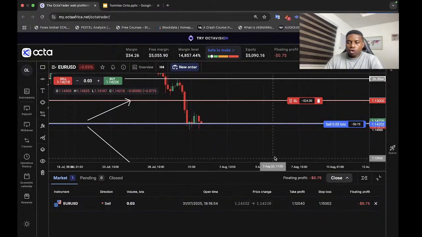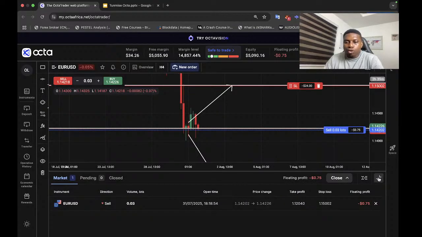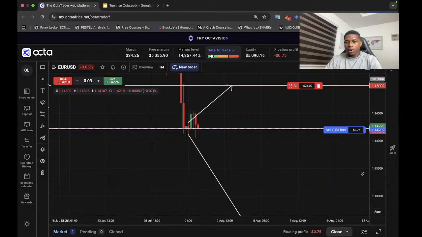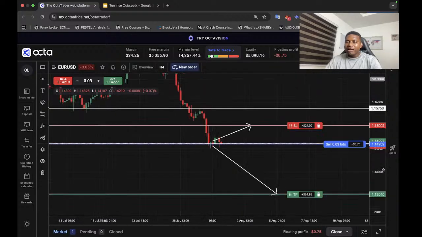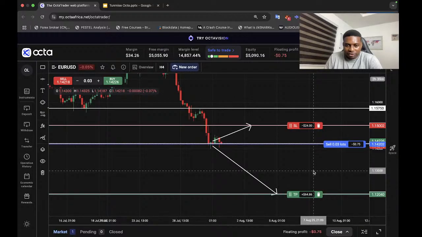So with this, as a trader, I am good to go. I've taken a rational decision, because after careful consideration, from the daily time frame to the 4 hours time frame, it is clear to me that the EURUSD market is on a bearish momentum.